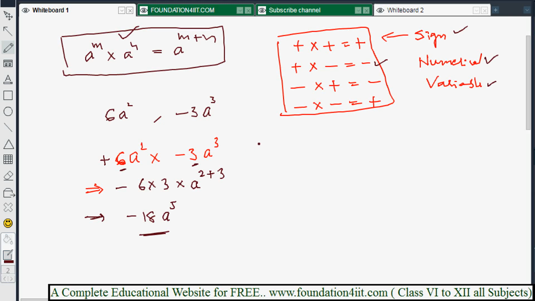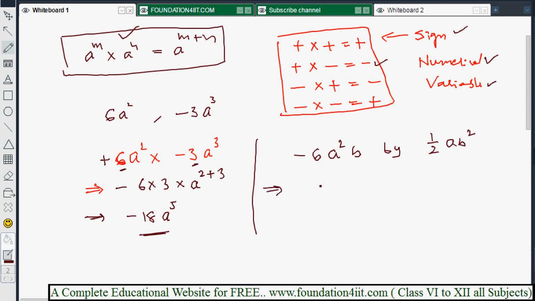I'll show you one more example also. I am taking two terms: minus 6a square b should be multiplied by 1 by 2 ab square. Whenever I need to multiply, keep the multiplication symbol.